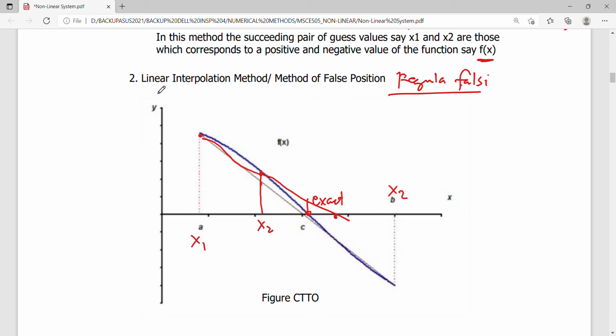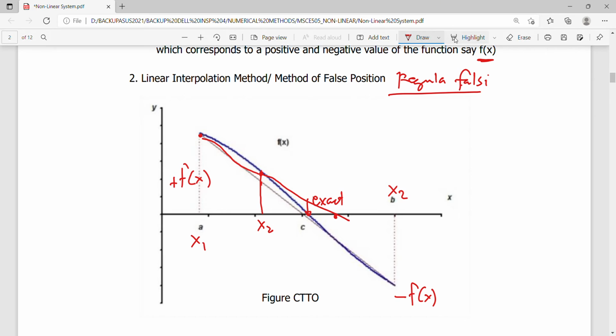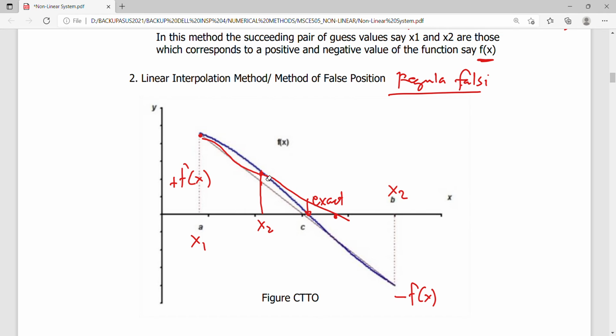Okay, but of course, the best way is to, again, get values of x1 and x2 that will give you a positive f of x and a negative f of x here. So that is at least the best way. Pero hindi siya limited lang dun sa nakagitna. In fact, you call this a secant method in the simplest way.